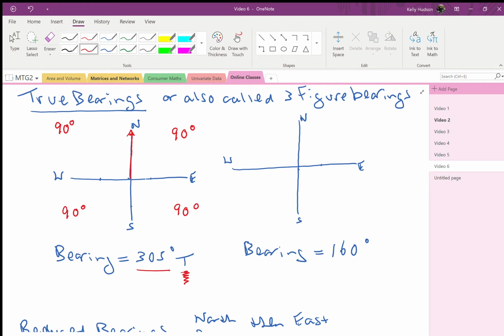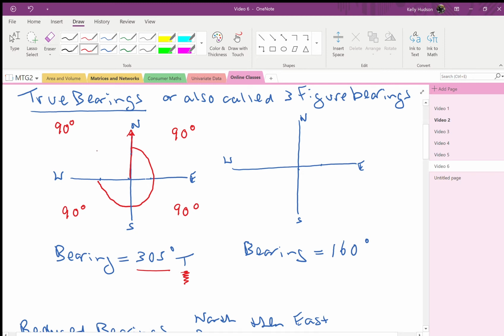So 305 degrees is made up of 90 degrees plus another 90 degrees, which is 180, plus another 90 degrees, which is 270, plus a little bit more, which is equal to 35 degrees.